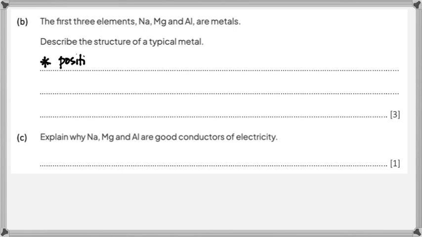Now, another word for positive ions is cations. If we mention this twice, they just mean 1 point. Or we can also say metallic ions. Any of these means 1 point because they just mean the same thing. And we all know they are in metals.